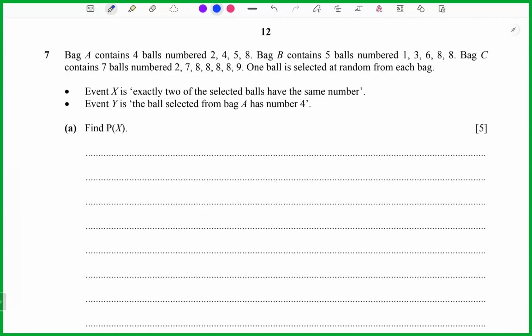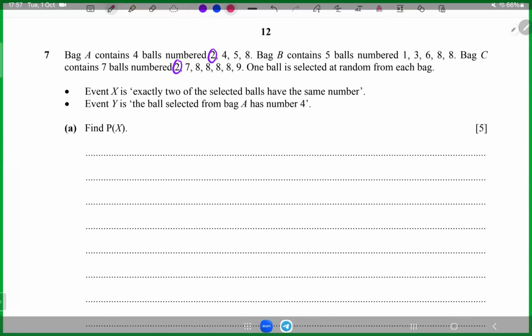Event X is exactly two of the selected balls have the same number. Event Y is the ball selected from A has number 4. Now I try to label them for you. These two are using the purple color, and for the red, I am using the 8.